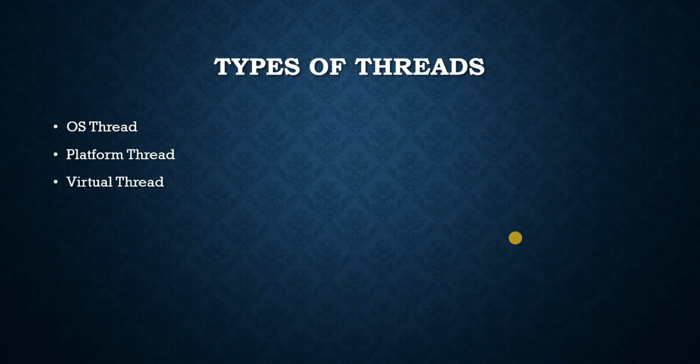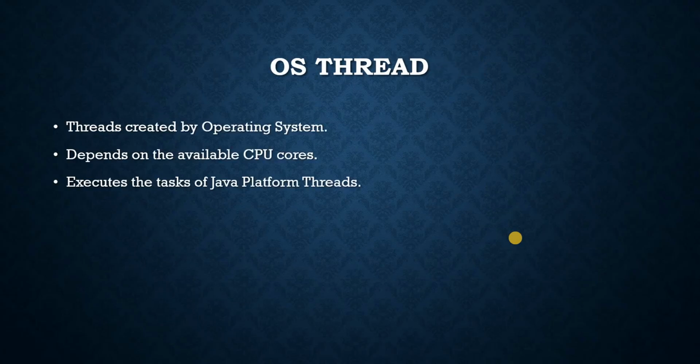So we have OS threads or the operating system threads, we have the platform threads, and now we have virtual threads. OS threads are basically those threads which are created by the operating system, and their count depends on the available CPU cores of our machine and also the available processors.